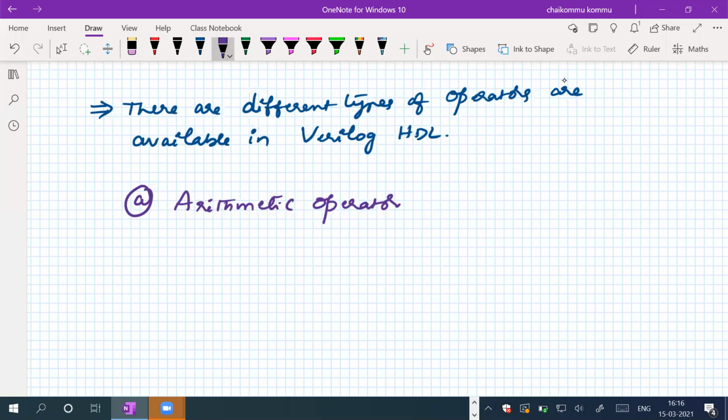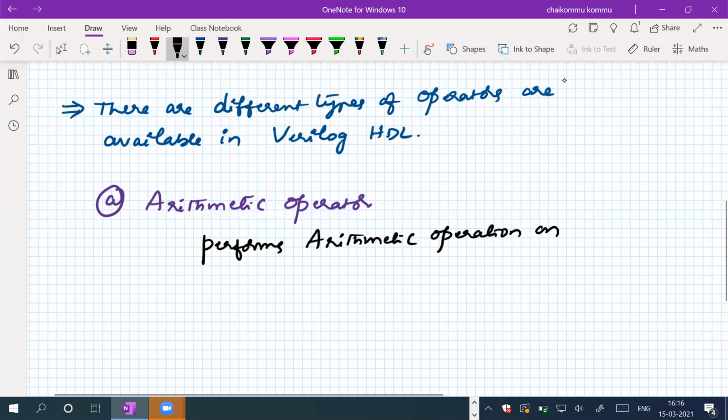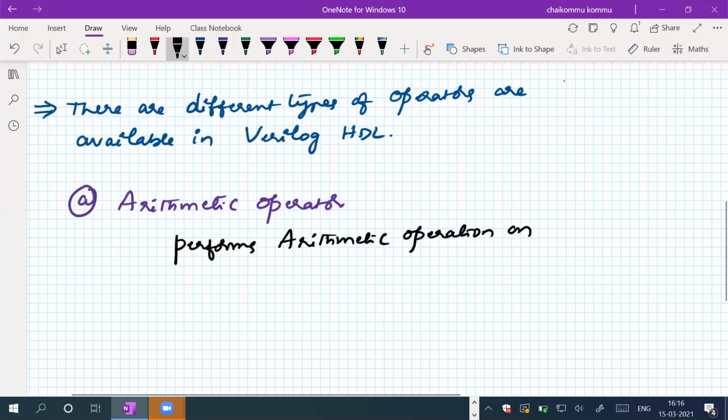So one point we will write here: performs arithmetic operation on operands. That's the first point that we should know.